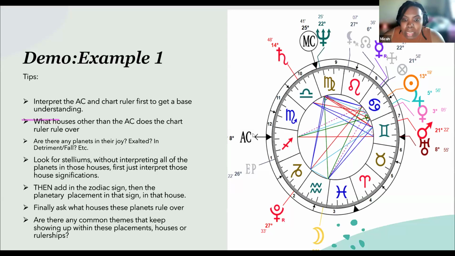And the AC is also at, we did talk about degrees a little bit in Intro to Astrology, but this is 8 degrees, which can also be very much a Scorpio energy. So it's some sort of rebirth of something, a rebirth and expansion. That's what I'm getting, especially because the chart ruler is Jupiter. It's in the 8th house and it's at a 5. So there's something new happening. There's something being birthed, literally.